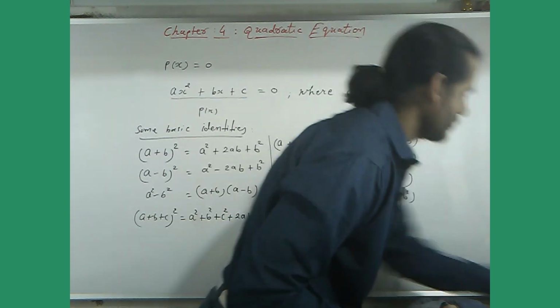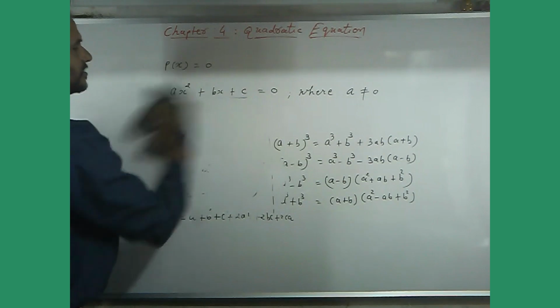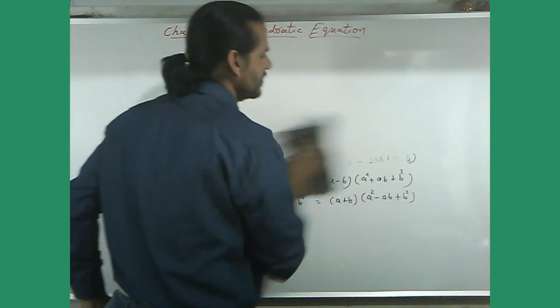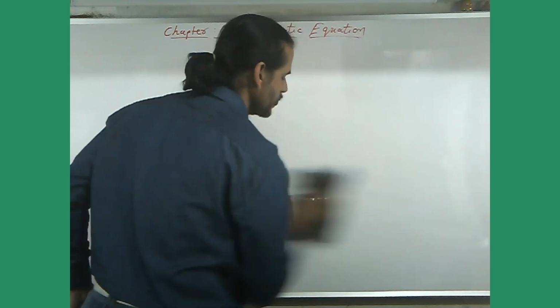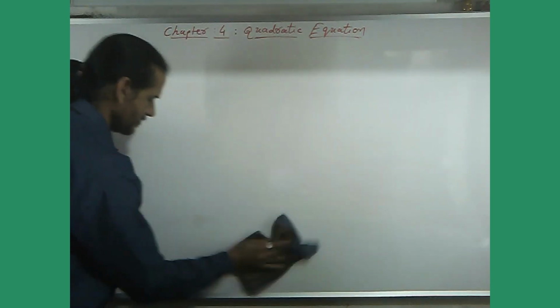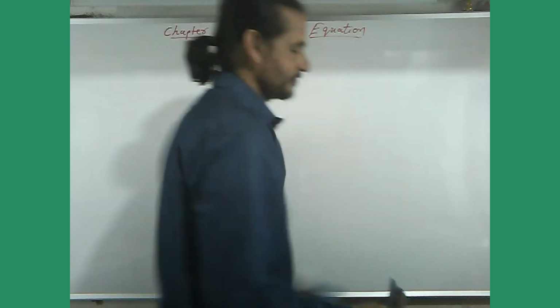Let's start. Nature of roots. There are two roots, alpha and beta.